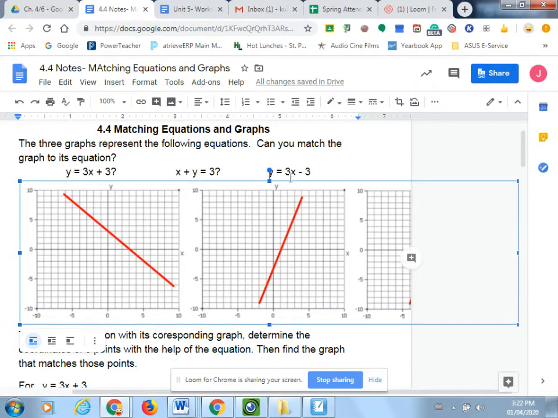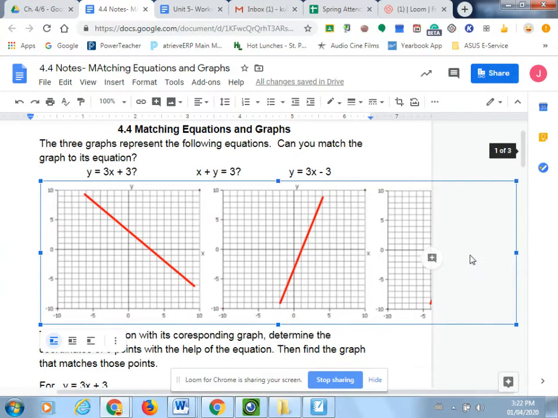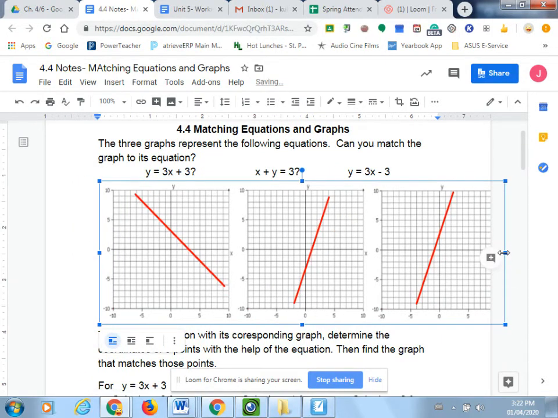If I did it here, does 3 times 1 minus 3 equal 0? Yes, it does. Because I know that this one cannot possibly go with this equation, it has to match this one. So when you are matching equations and graphs, sometimes it is easiest to pick 3 points and put them in.